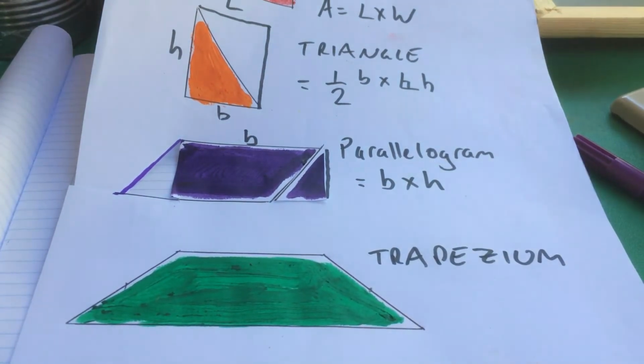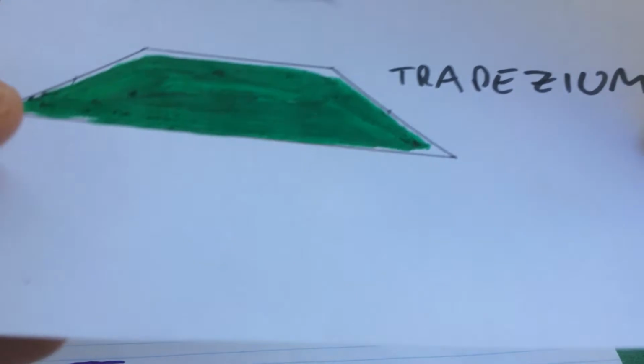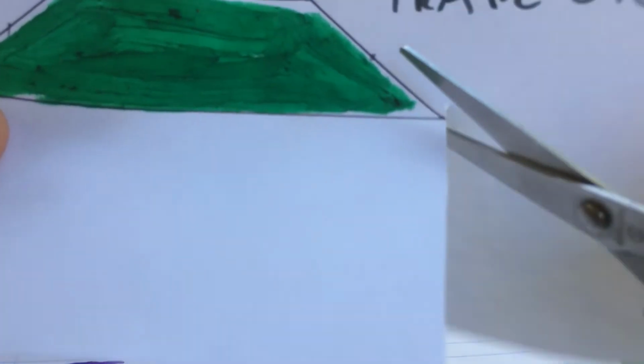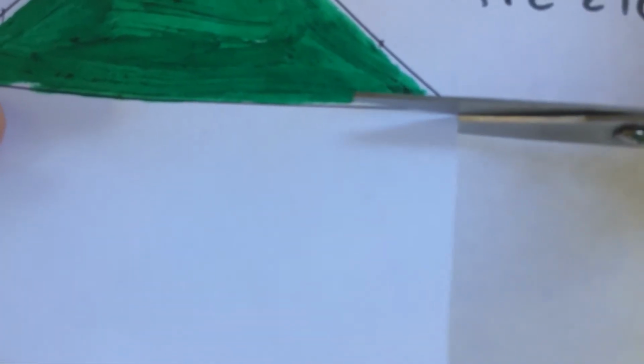So here again, we want to make it into a rectangle, because we know that's just length times width. So I'm going to, again, use some scissors and cut off a little bit of that edge there. And again, I hope I've got it right. Cut that off there.